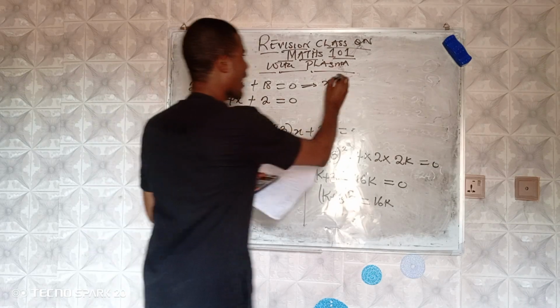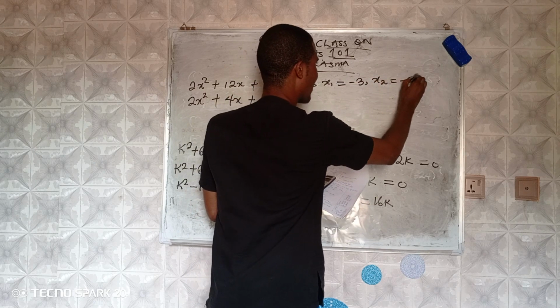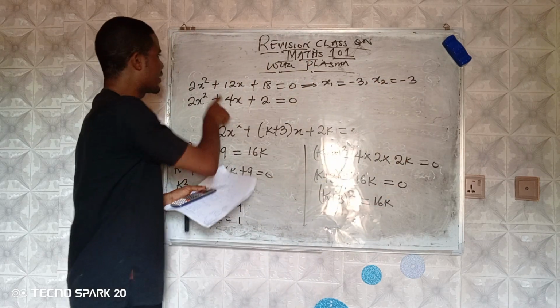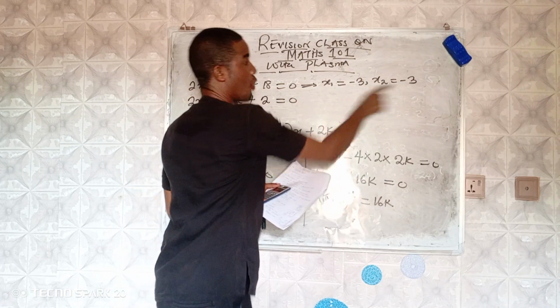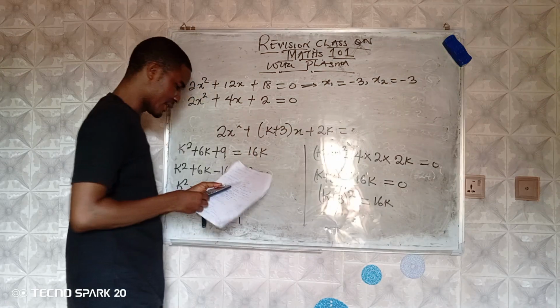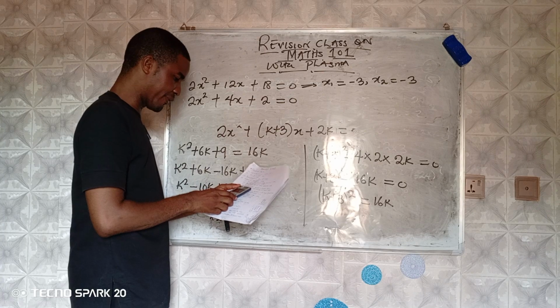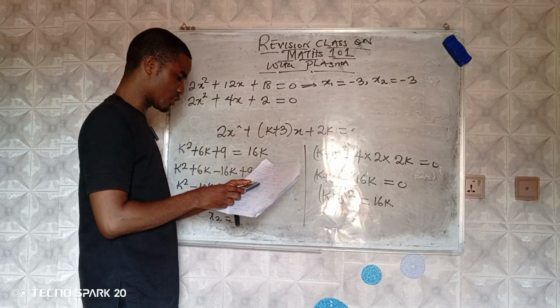Here my x1 is minus 3, x2 is also minus 3. Do you see that the values of x1 and x2 are equal and they are real numbers? Let's see for this one: I have my A to be 2, my B to be 4, my C to be 2.